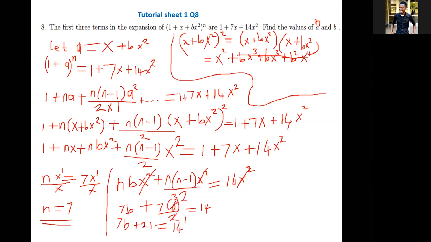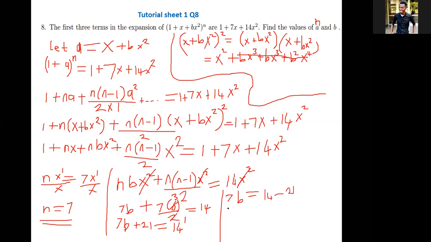So you take this 21 to the other side, and you're going to have 7b is equal to 14 minus 21.